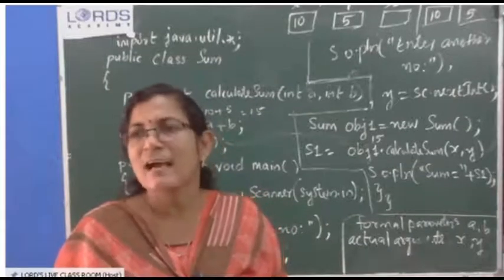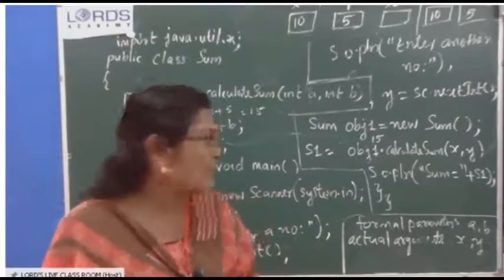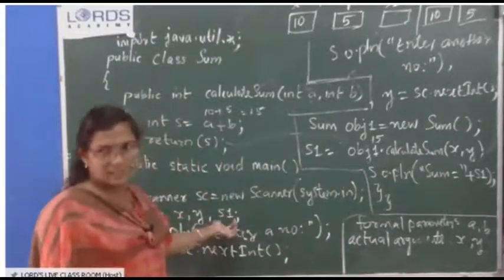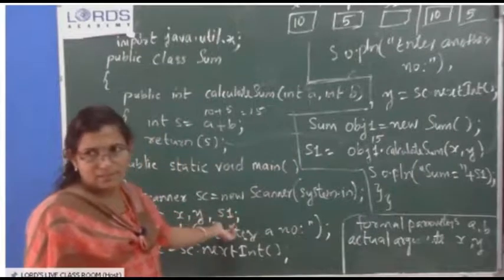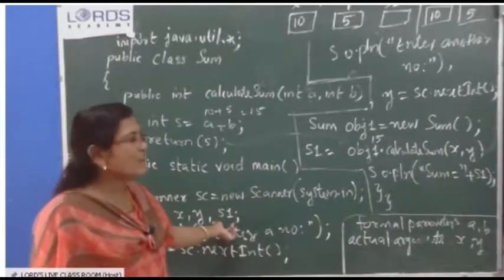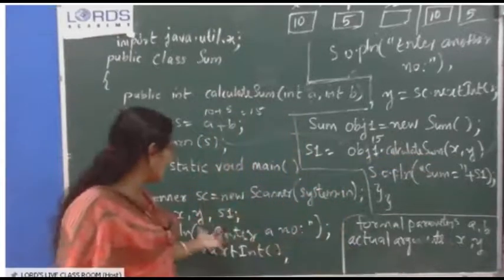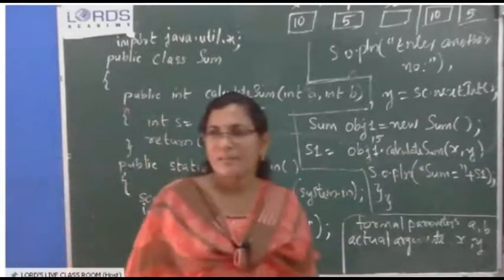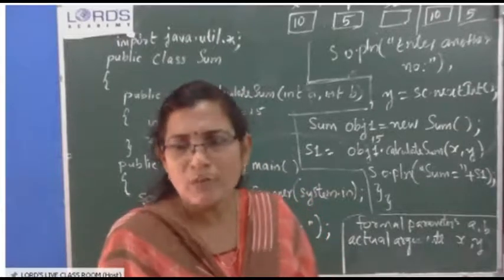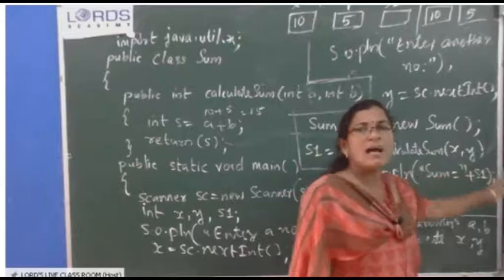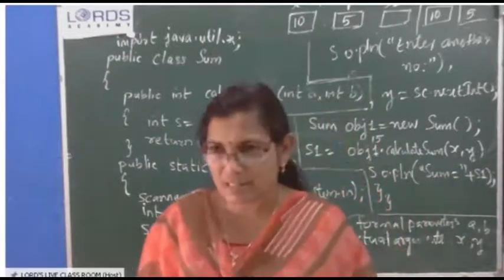They contain the real value to be processed. Even if the function is not called, these variables are created in the memory. Am I right? Even if this method is not called, x and y are already created in the memory. They contain the original value to be processed. So the variables used at the method call are known as actual parameters.